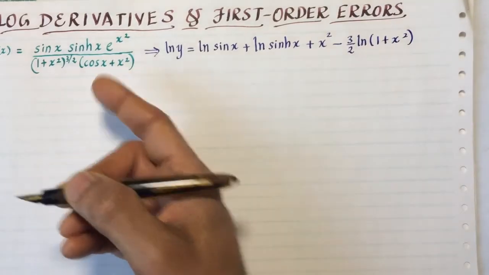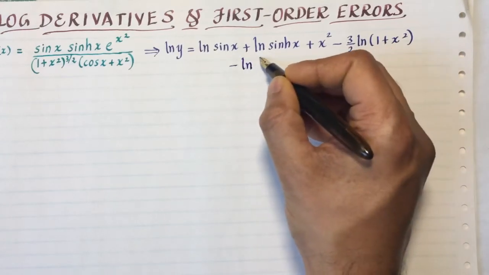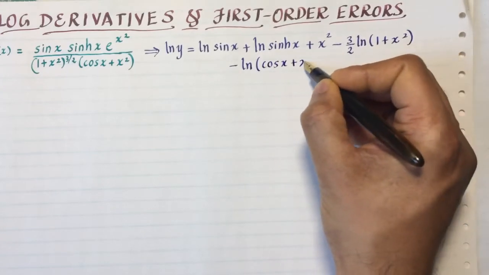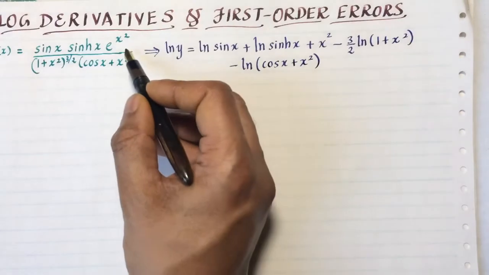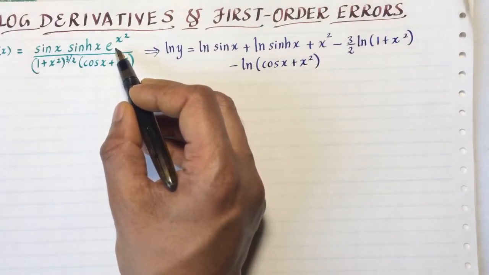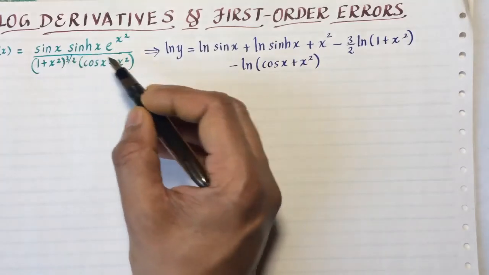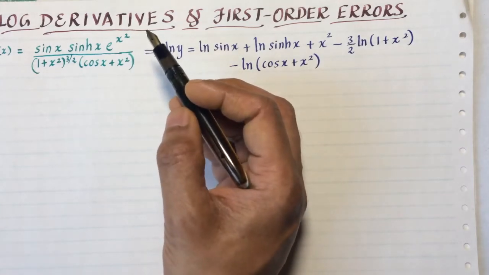And then I have this term here, so I get negative natural log of cosine x plus x squared. So all I've done so far is taken natural log and made some simplifications using popular values of natural log, such as natural log of e equals 1, and used the product, the quotient, and the power rule of natural logarithms.